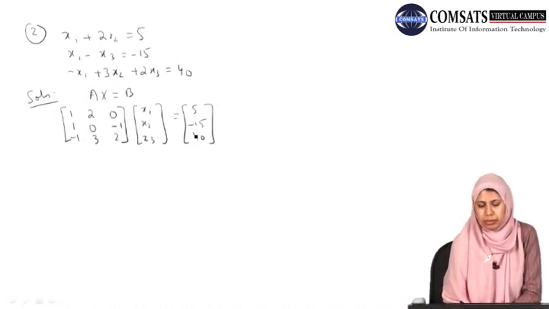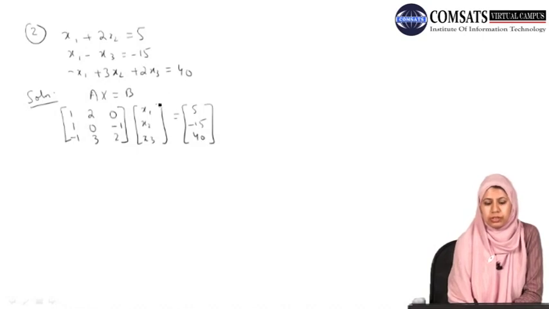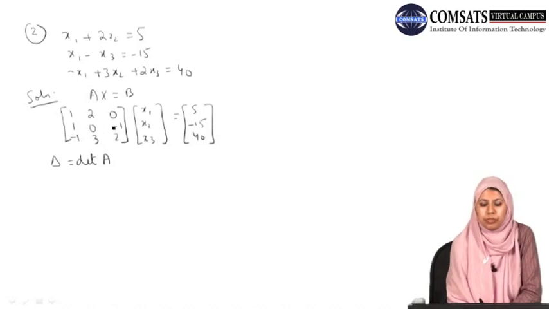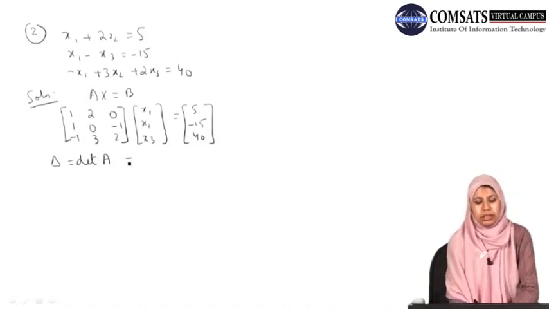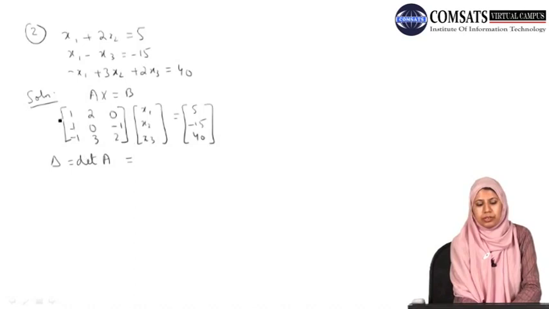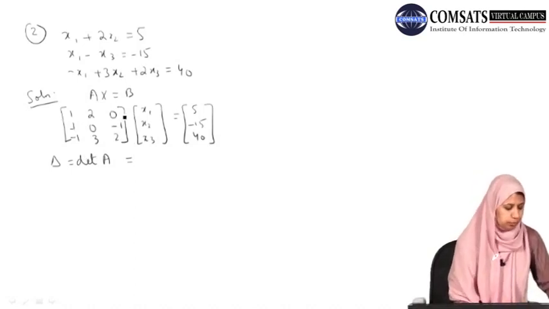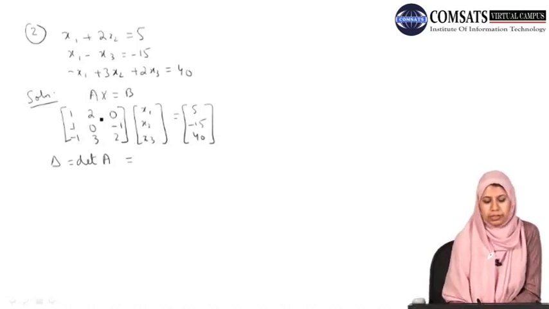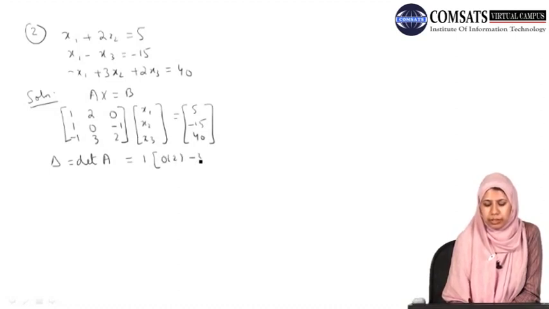Now we have to use our Cramer's rule to find the values of the 3 unknowns x1, x2 and x3. First thing which we have to do is to find the delta, which is the determinant of our given matrix A, that is the matrix of coefficients. The delta can be easily found by using the first row, that is 1 into (1 into 0 into 2 minus 3 into minus 1) minus 2.